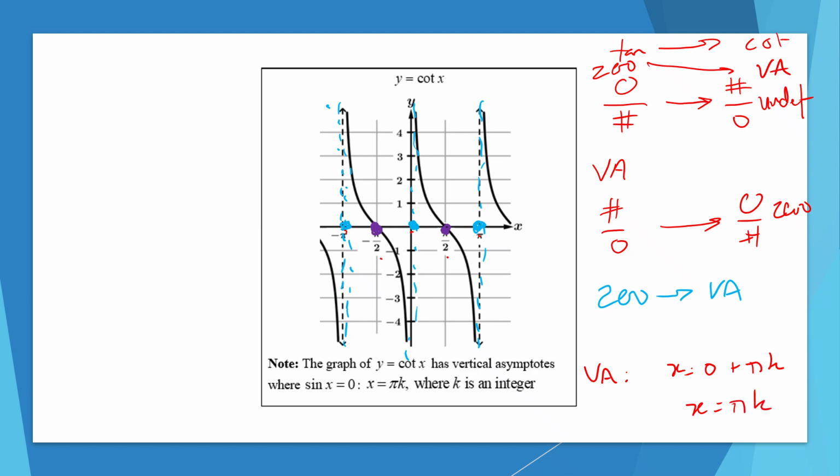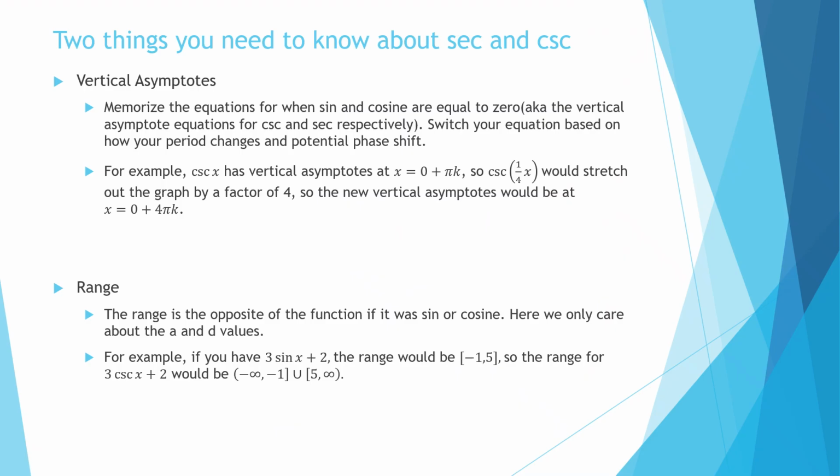All right, so now two things you need to know about secant, cosecant, and honestly cotangent as well. So I'll add that in there, cotangent of x. First off, you'll be asked questions about the vertical asymptotes of them. Pretty much memorize where sine or cosine is equal to 0. This is very similar to what we did with tangent back in 3.8.